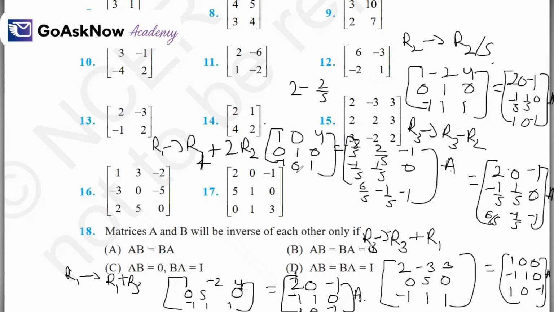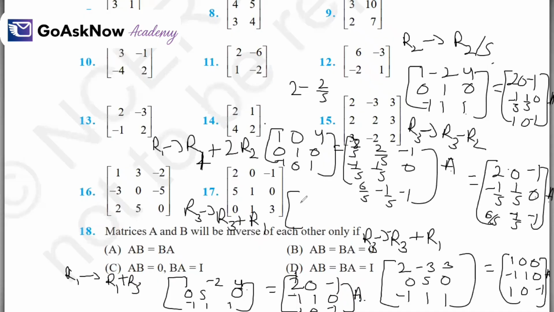Now, what you can do in the next step, yes, row 3 changes to row 3 plus row 1. Okay.